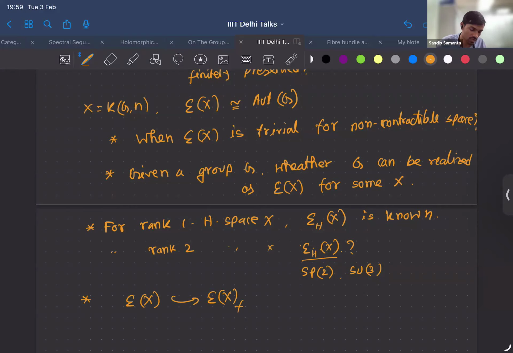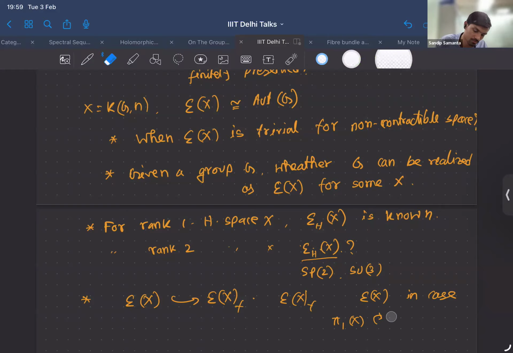So can we extend this on the left to get the complete relation between E(X), E_F(X), and E(X), in the case where pi_1(X) does not act trivially on pi_n(X), that is, acts non-trivially? In such cases, what is the exact relation?